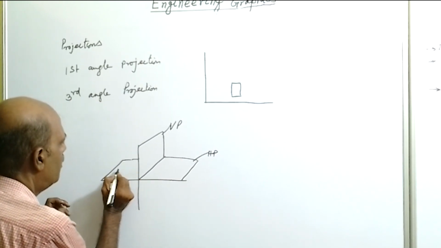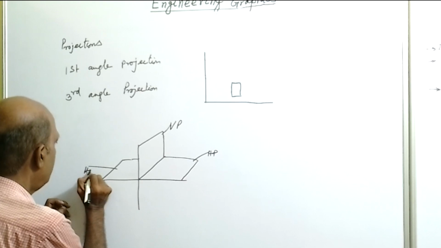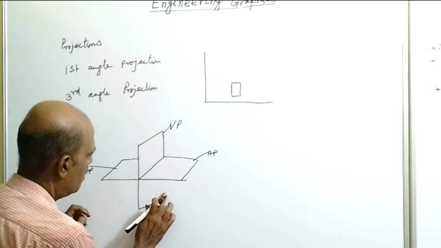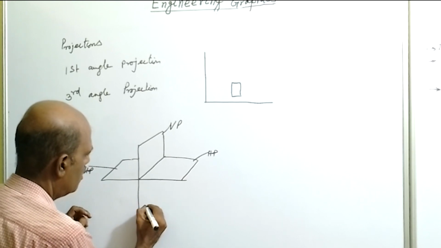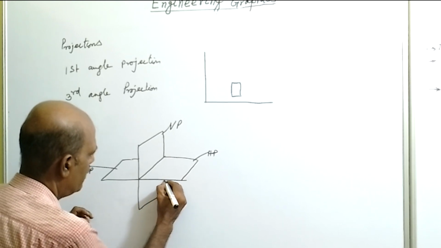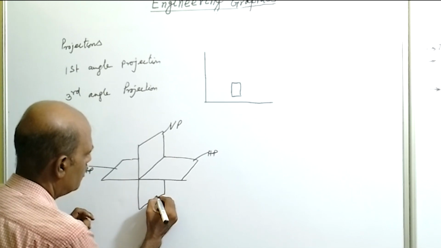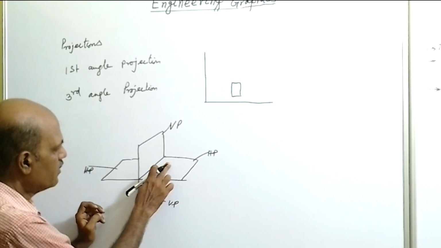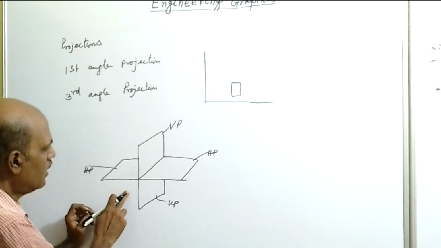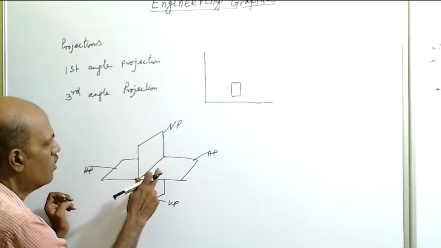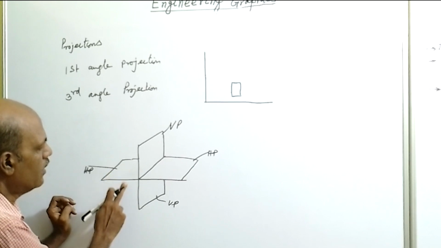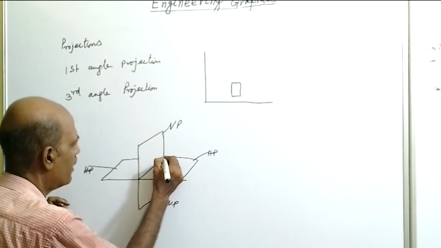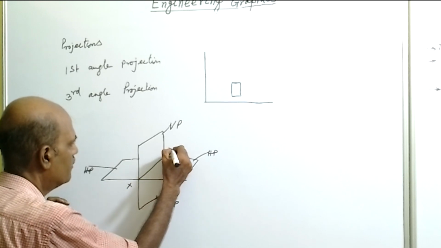So this is the horizontal plane and this one is the vertical plane. Now this is the first quadrant, second quadrant, third quadrant and fourth quadrant, or the first angle, second angle, third angle and fourth angle. And this line is called the reference line, that is the XY line.